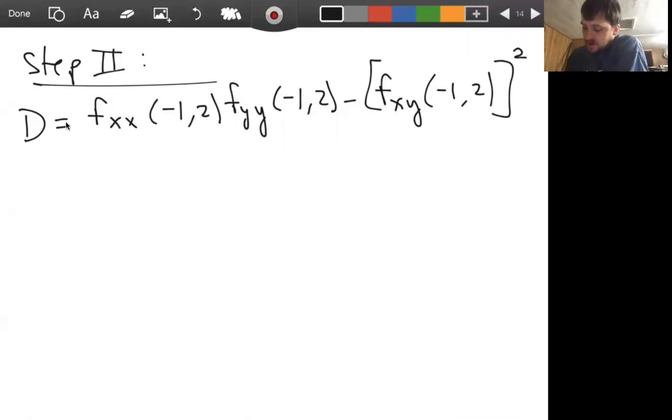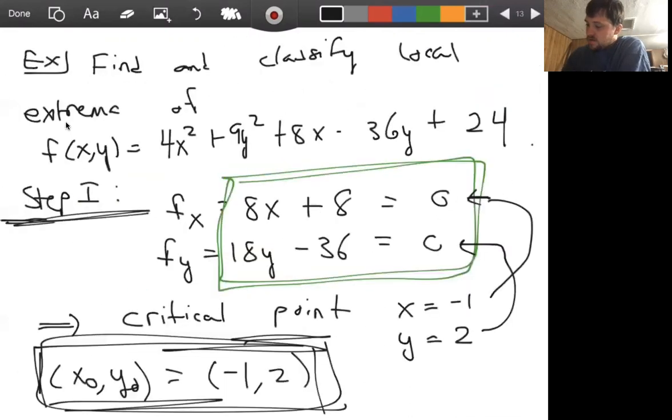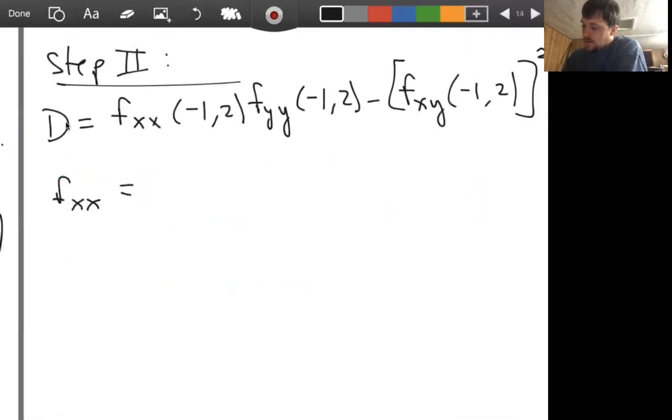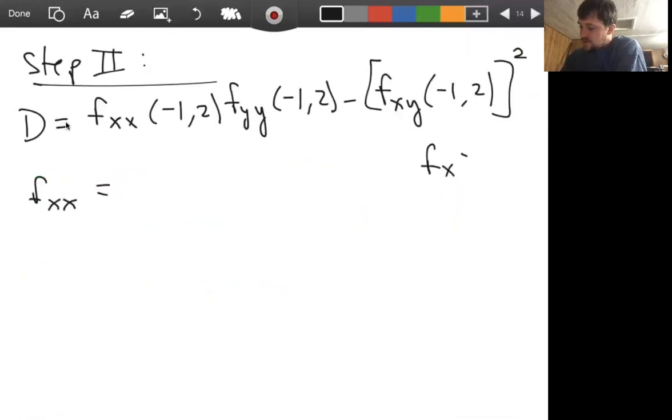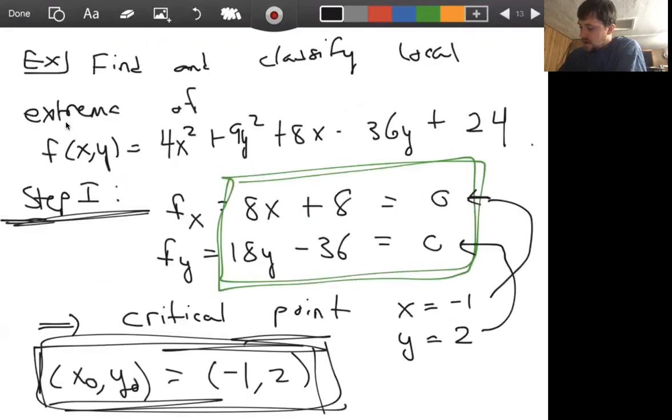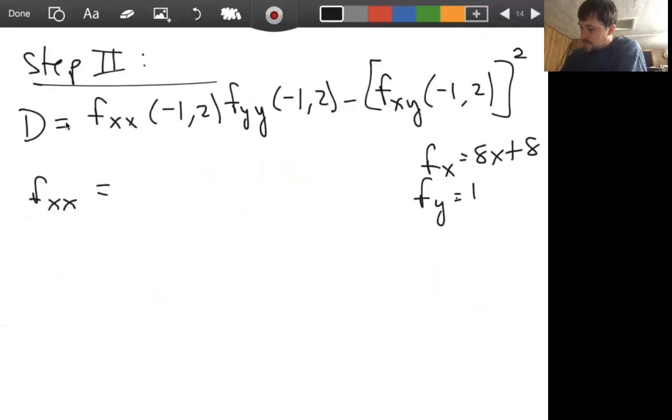So let's calculate some second derivatives here. Let me just copy the partial derivatives here. We have f sub x equals 8x plus 8, and f sub y was 18y minus 36.